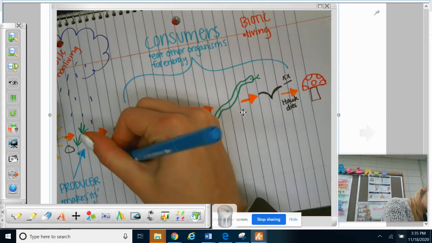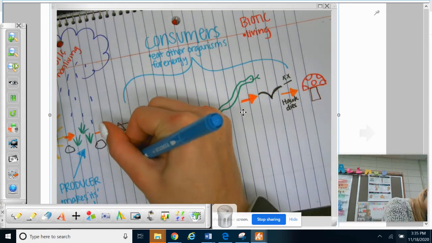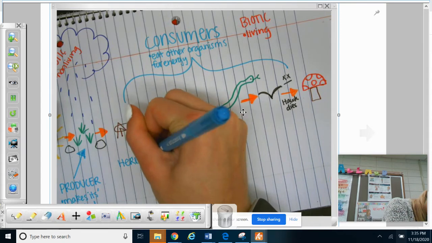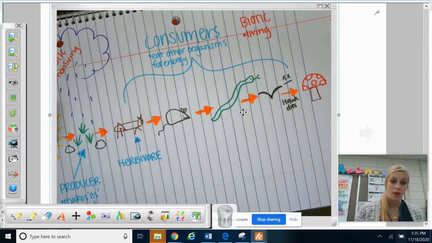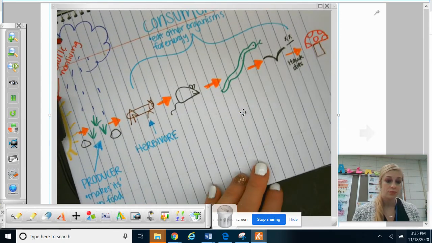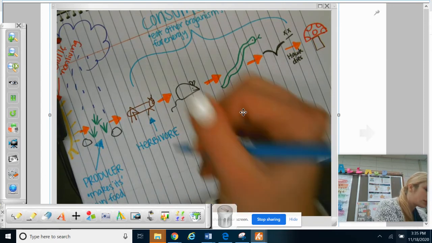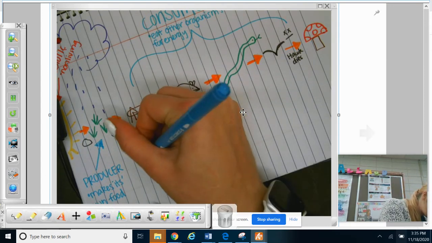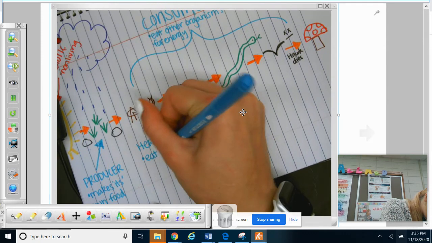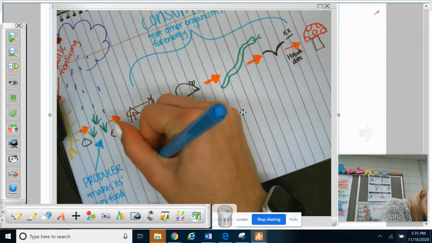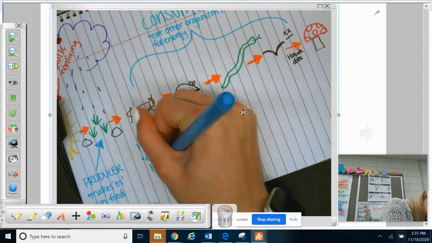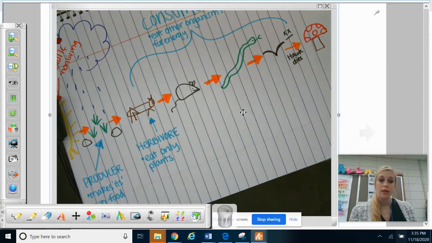So it's called an herbivore. Herbivores eat only plants.